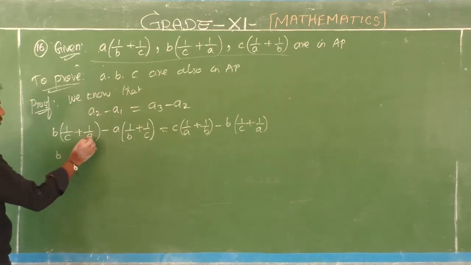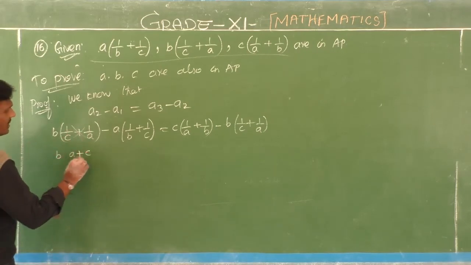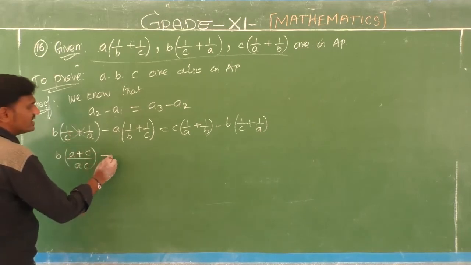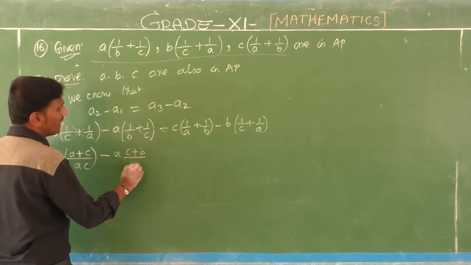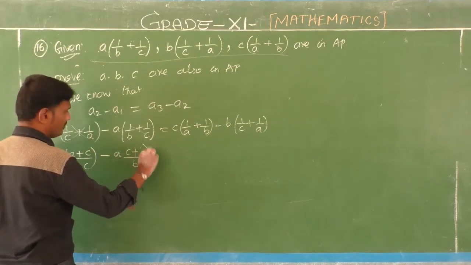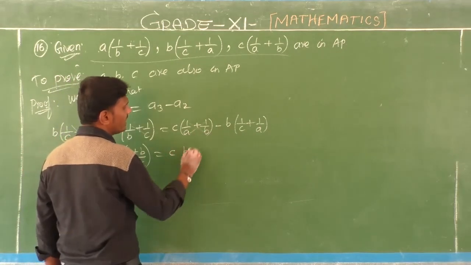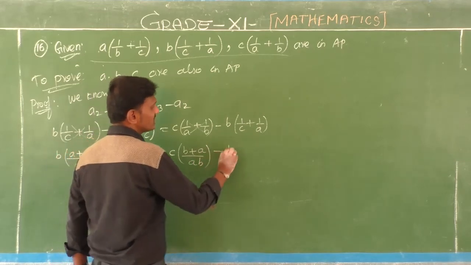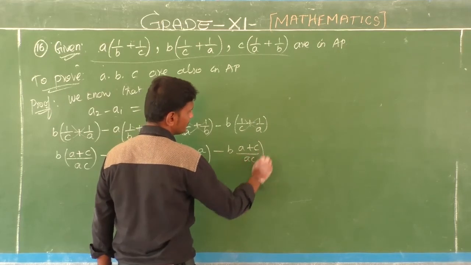Taking a cross multiplication for each and every bracket, we get A(B + C)/BC minus B(A + C)/AC is equal to C(A + B)/AB minus B(A + C)/AC.